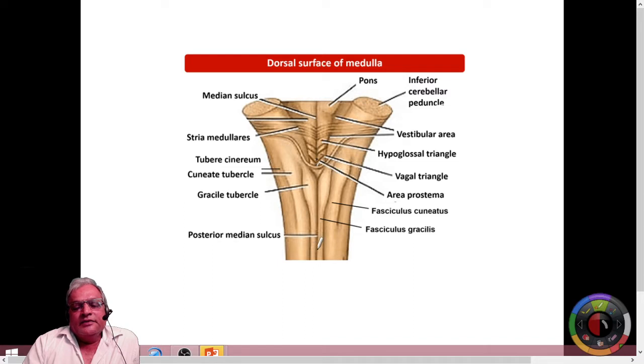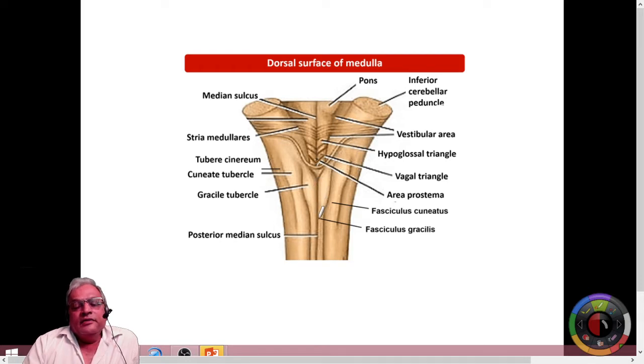The lateral spinothalamic tract conveys pain and temperature, whereas the anterior conveys crude touch and pressure. The posterior column mediates vibration and position sense, two-point discrimination, and so on. So that is your posterior column sensation.